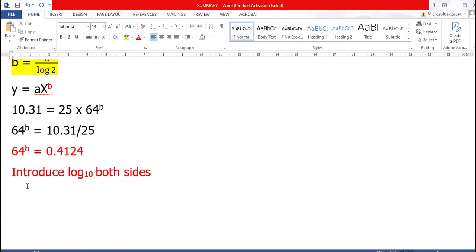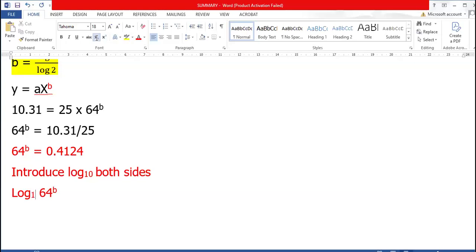So it will be log 64, because already that log will be in base 10, power B. I don't need to put base 10 here in an exam. In an exam, don't struggle putting base 10.